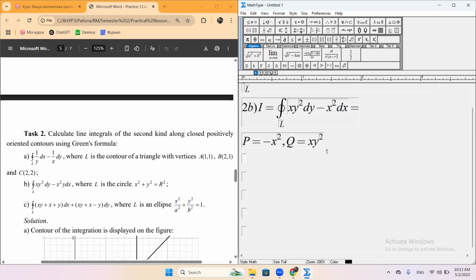So now dp by dy equals minus x square y. Yeah, forgot. And I see that something is not okay. So it equals minus x square.